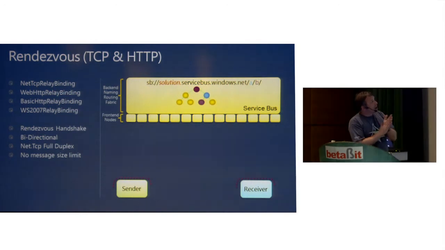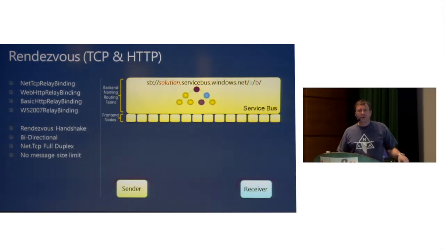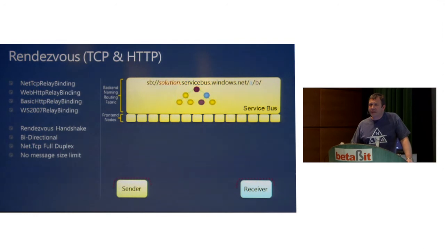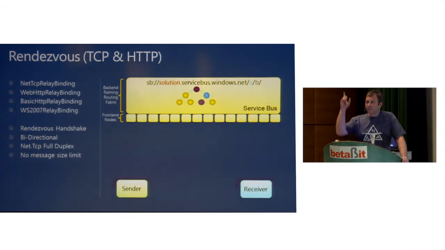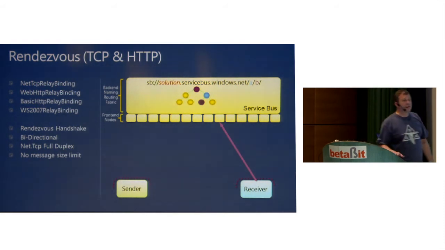The basic functional model for the relay, just to make sure that you understand what the magic here is, because it seems a little magic that I can expose a public web service from a conference center that I haven't been to yet, is actually fairly simple. We have a receiver, that's this machine, that's going to Service Bus and is registering itself at a name.